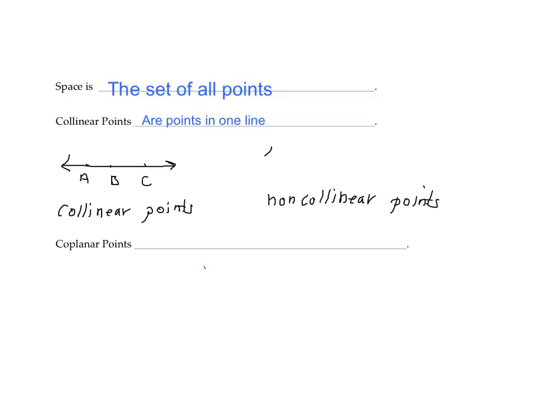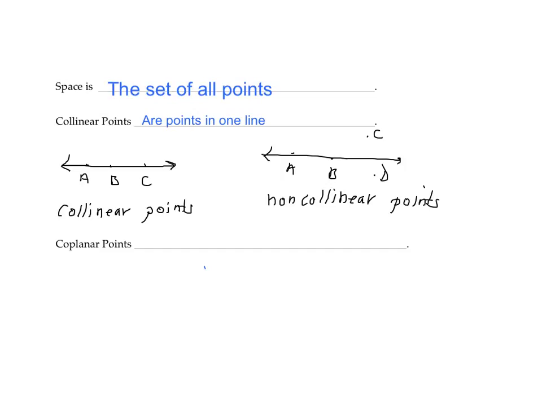all we need to do is show that some points are not on the same line. Like A and B are collinear, but point C and point D are not on that line. There isn't one line that contains all 4 of those points, so they are considered non-collinear points.